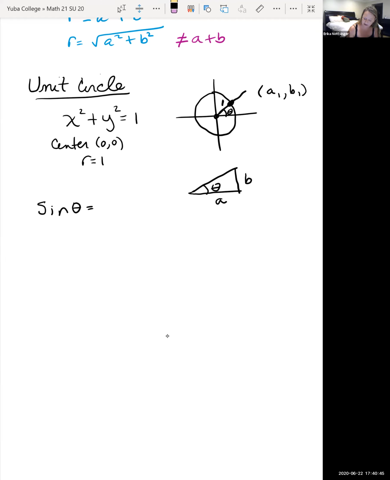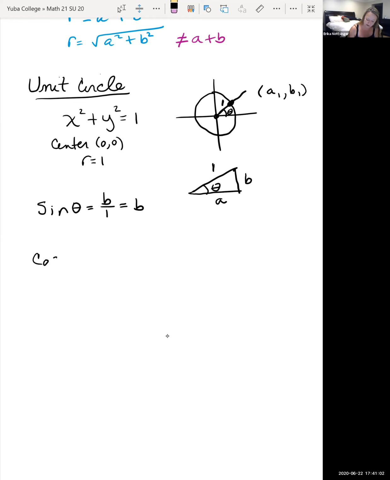We know that the hypotenuse was 1. So sine theta is the opposite, which is b, all over the hypotenuse, which is 1. So b over 1, or b.